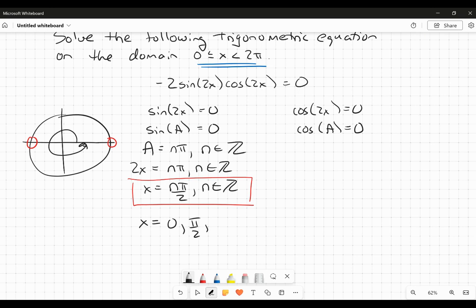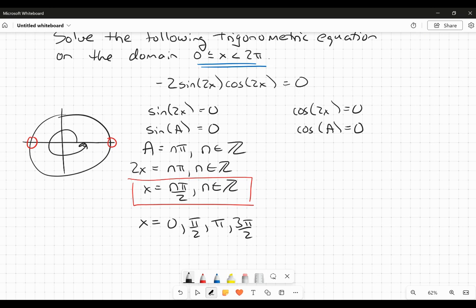If I plug 2 in, I'm going to get 2 pi over 2, which is just pi. If you plug 3 in, you're going to get 3 pi over 2, and I'm still good. But as soon as you plug in 4, I will get 2 pi. And if you look back at the original domain, that's not included, and so I stop. That's the set of angles that I'm going to get from that first answer there.